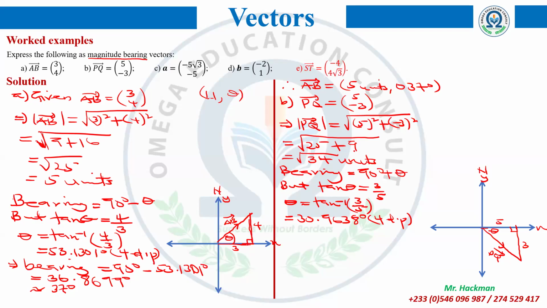Okay, so let me approximate my theta here so that it can equally help me approximate my bearing, so that I'll write less. So this will give me approximately equal to 31 degrees. Do you agree?